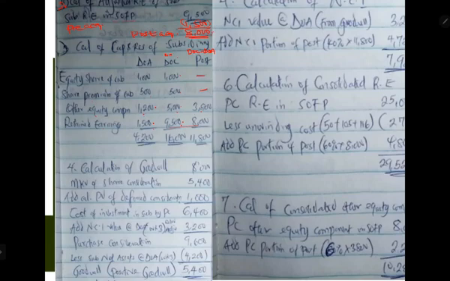Then balance everything. 3,800 plus 8,000 gives 11,800. 1,000 plus 500 plus 5,000 plus 9.5 gives us 16,000. Then 1,000 plus 500 plus 1.2 plus 1.5 gives us 4,200.